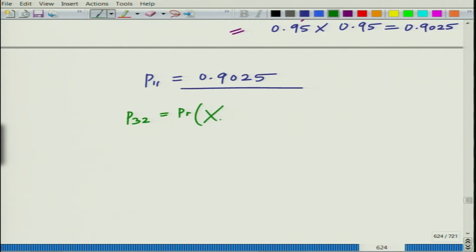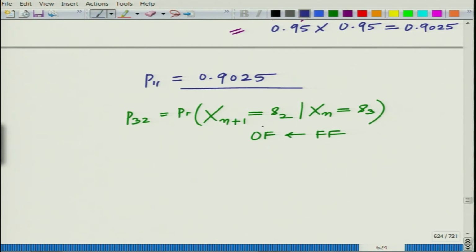That is the probability that X(n+1) equals S2 given Xn equals S3. That is, it goes from both faulty to one operational, the other faulty.